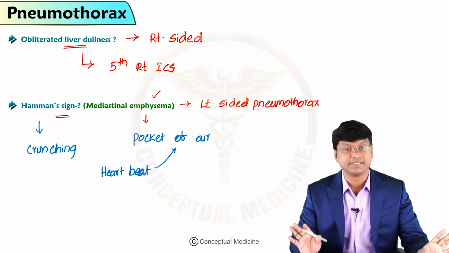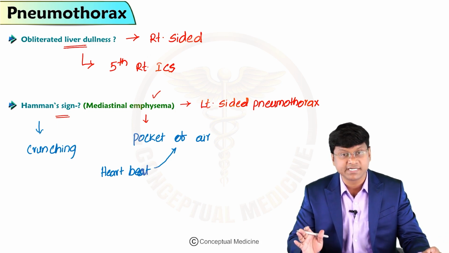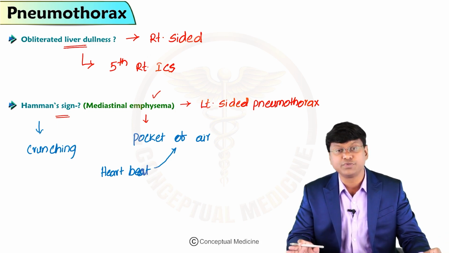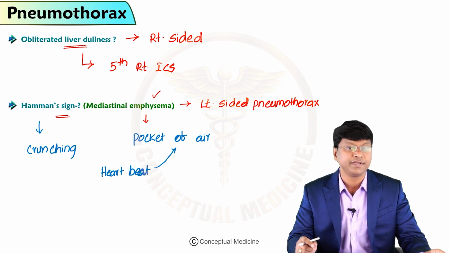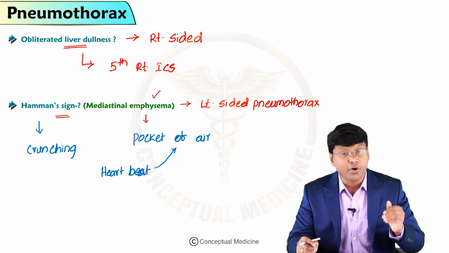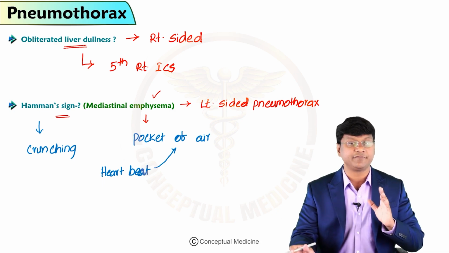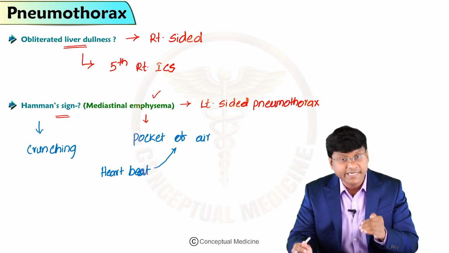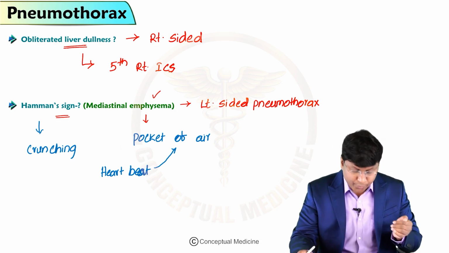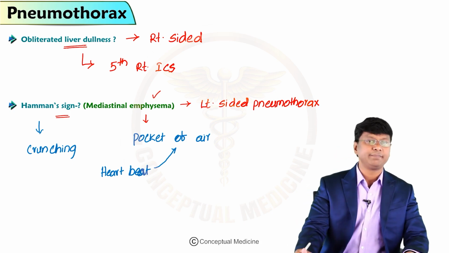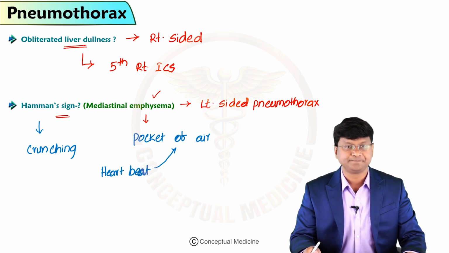That we call the Hamann sign. So Hamann sign is a crunching sound which is synchronous with the heartbeat, which is heard over the precordium in spontaneous mediastinal emphysema. And this mediastinal emphysema can progress to the development of your left-sided pneumothorax.